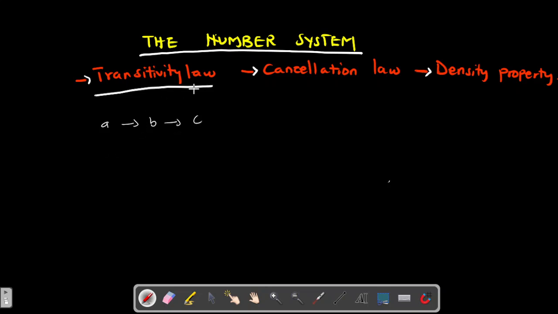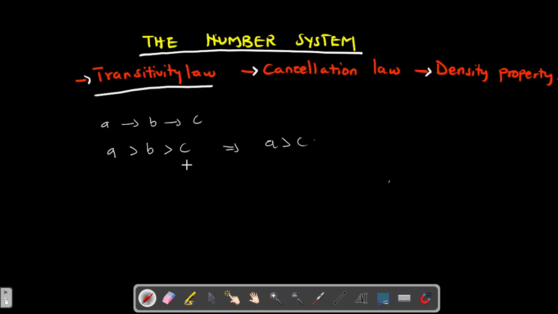Now, what does transitivity law actually say? It simply says that if I have a number A which is greater than B, and B itself is greater than a number C, then I can confidently imply that A is greater than C. Basically, if you have this person standing here, who is taller than this person, who is also taller than another person, then obviously the first person will be taller than the last person.